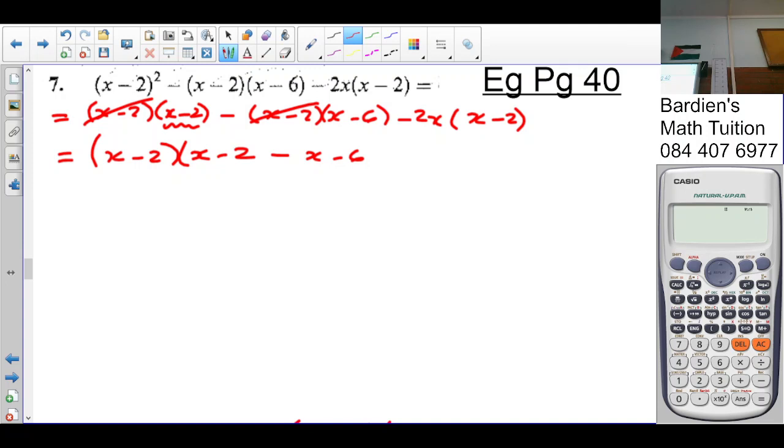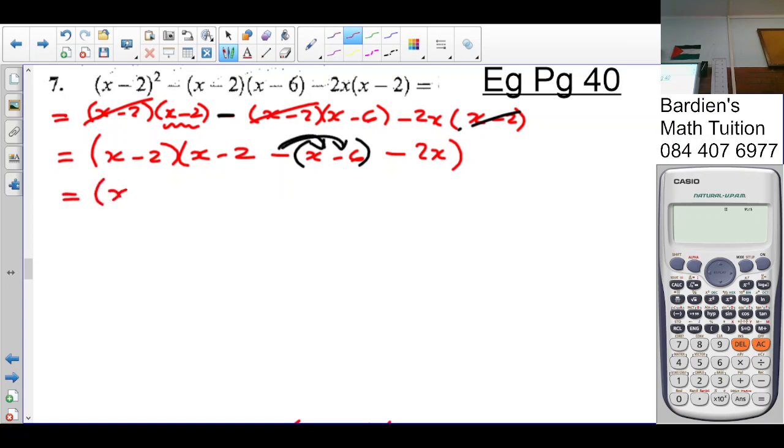Bracket. Why bracket? More than one term following the negative sign. Nice. Then what? Take it out and left with minus. Now what? Yes, good start. Get rid of the brackets within the bracket.